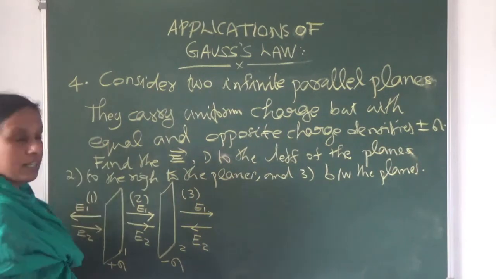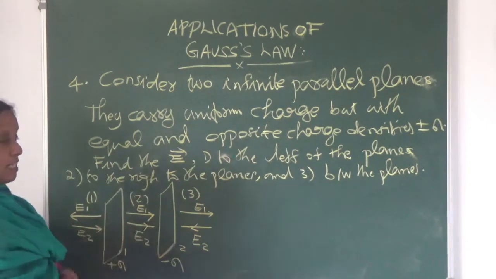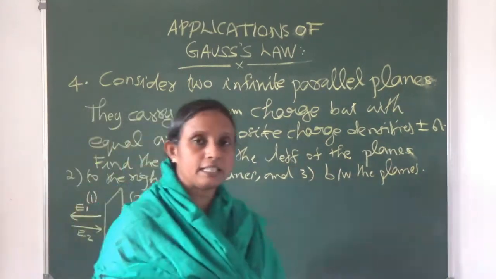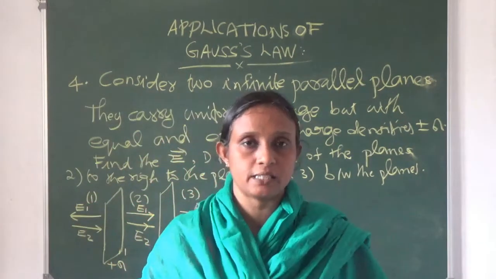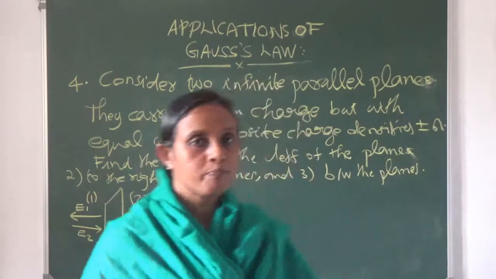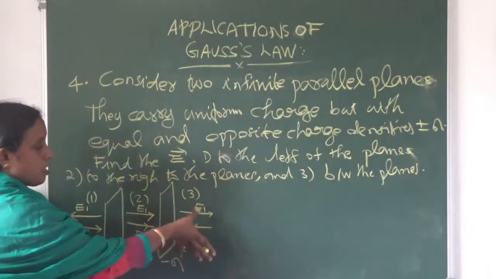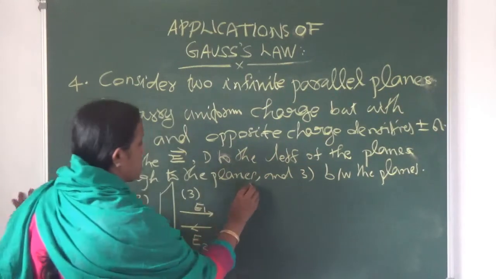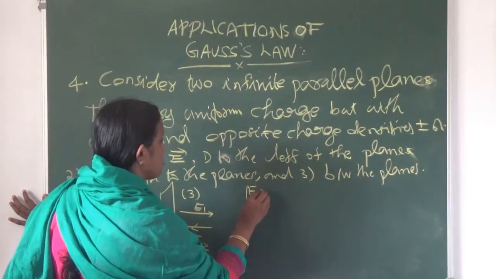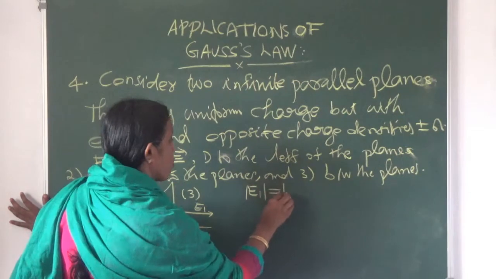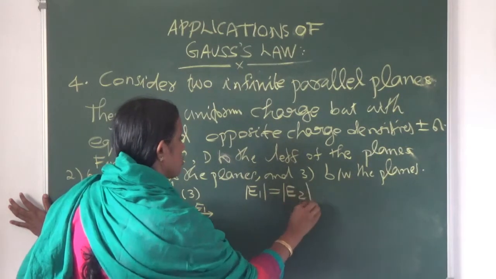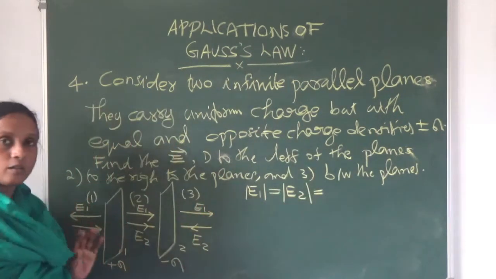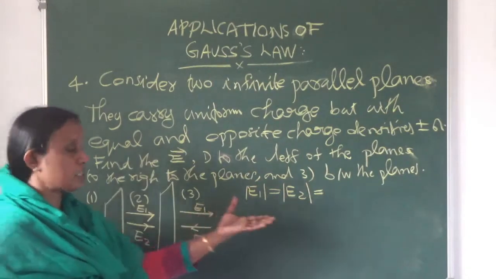So what we get from this diagram itself is that we have equal and opposite charges, plus sigma and minus sigma. So what happens here? Here E1 and E2 both have the same magnitude, right? Mod E1 equal to mod E2. Okay, both are equal. And what is its value?